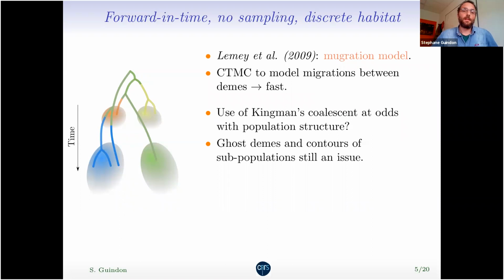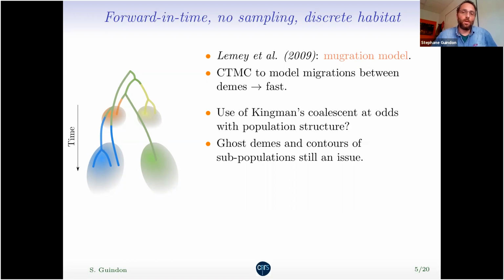So it's fairly fast to calculate probability densities under this model. The problem here is that the inference relies on a standard coalescent, and that's completely at odds with the fact that we are dealing here with a population that is structured in the first place, right? So there's no panmixia going on.